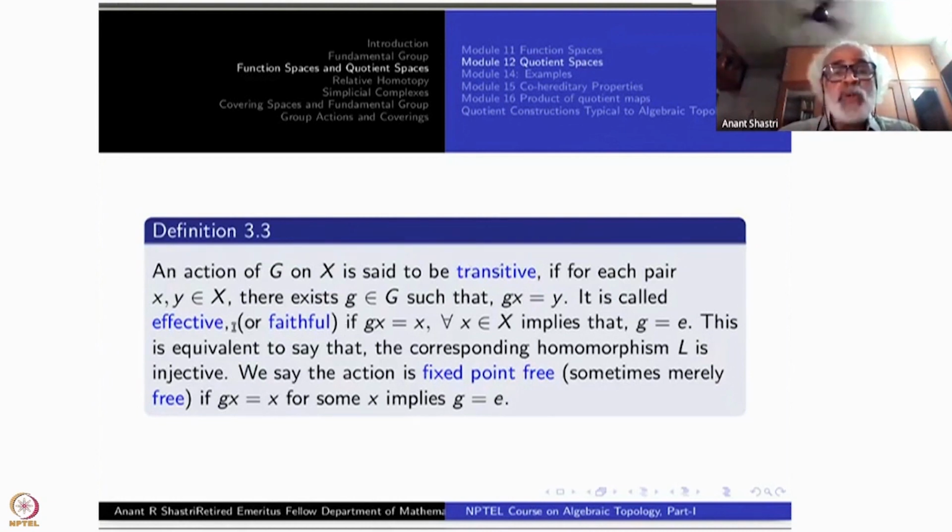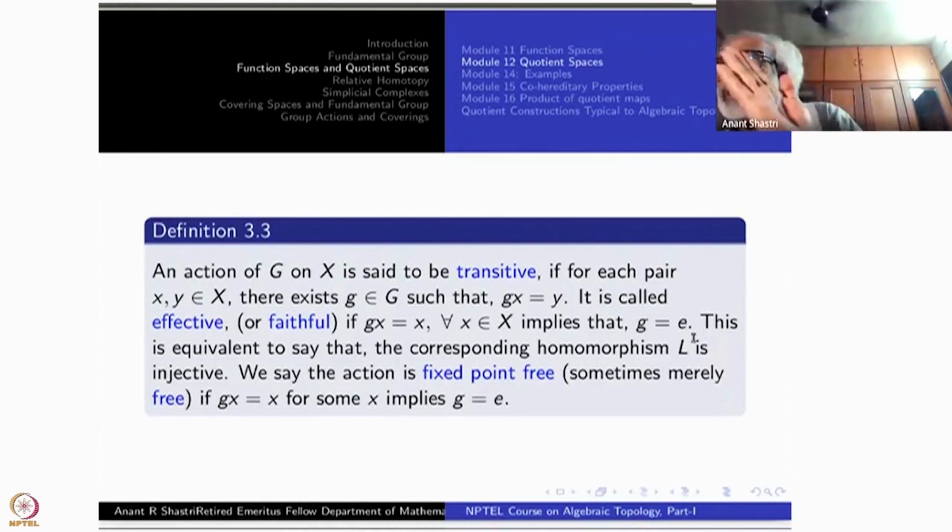Now, the action is called effective, respectively faithful. First, let us look at effective. If gx is x for every x, this implies g must be the identity. What is the meaning of this? That every non-trivial element defines a non-trivial permutation.